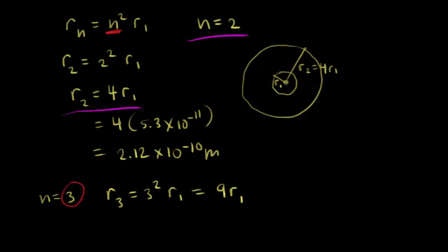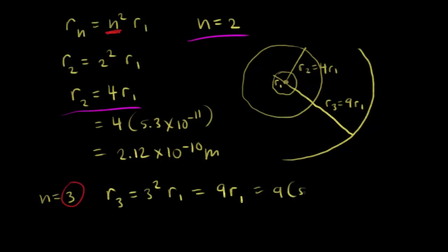I'm sure I won't get this accurate, but it's a lot bigger. So r3 is equal to 9 times r1. I won't even attempt to draw in that circle, but you get the idea. We could do that math as well: 9 times 5.3 times 10 to the negative 11 meters would give you approximately 4.77 times 10 to the negative 10th meters.